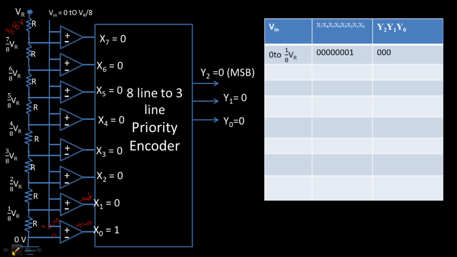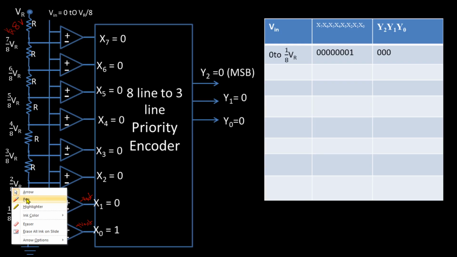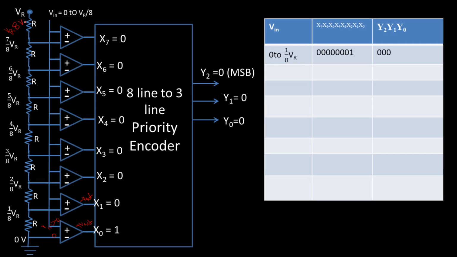For example, to understand easily, let us take VR equal to 8 volts. Then the voltage at this node, the ground, is obviously 0 volts, and 1 by 8 VR, when VR is 8 volts, is 1 volt, then 2 volts, 3 volts, 4 volts, 5, 6, 7 volts, and 8 volts.